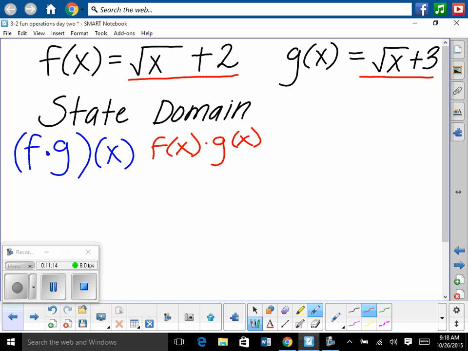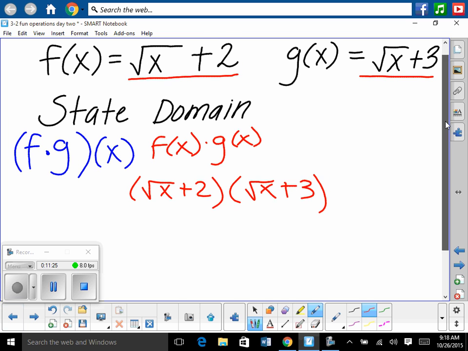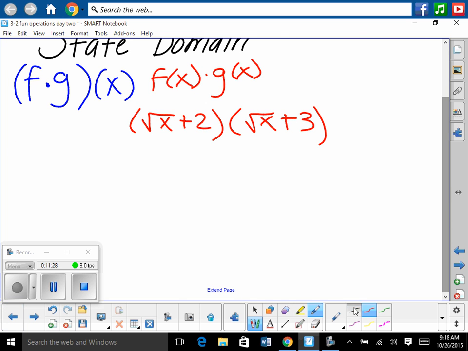So we're going to be doing the square root of x plus 2 times the square root of x plus 3. So let's go through and distribute this through here. Square root of x times square root of x. Can we multiply what's underneath?